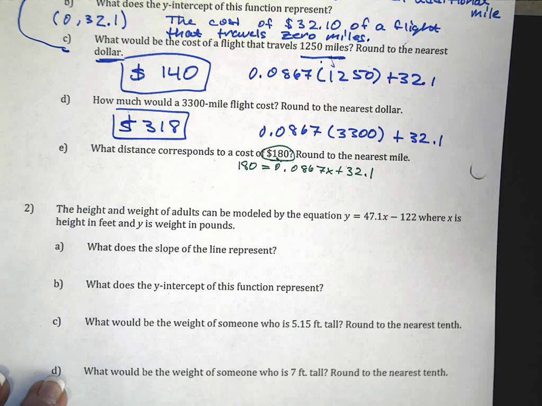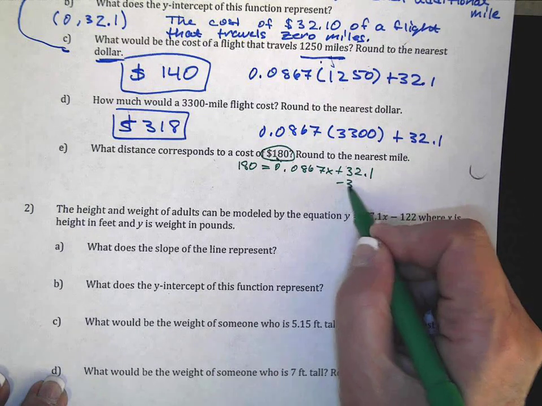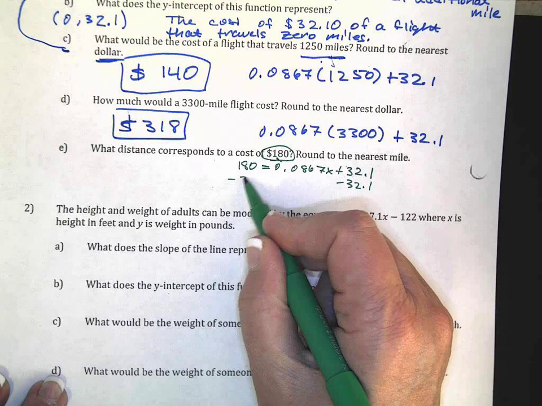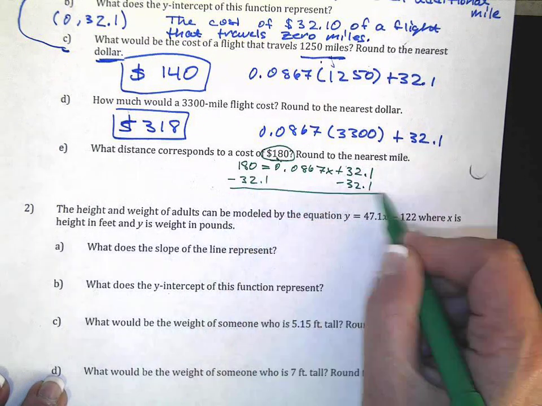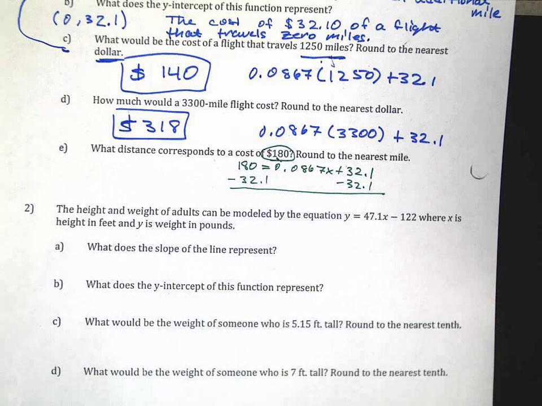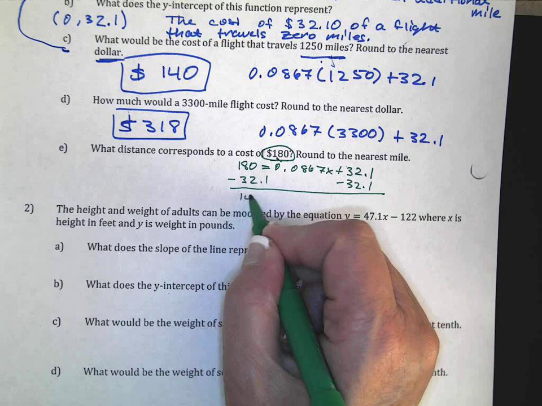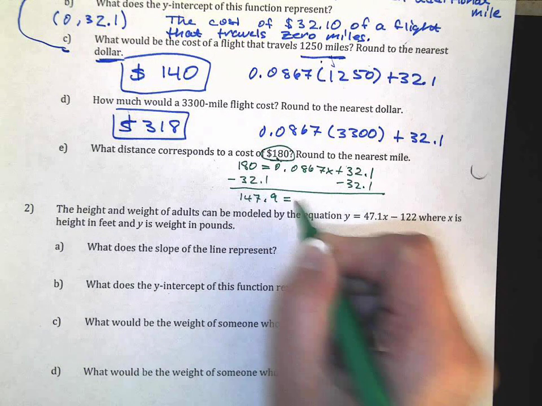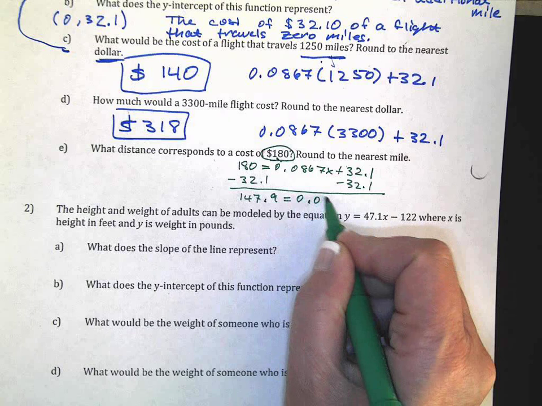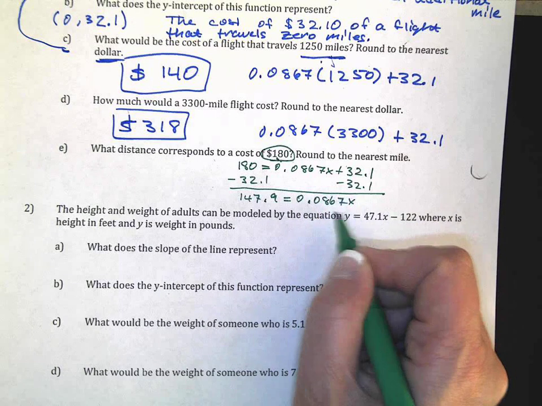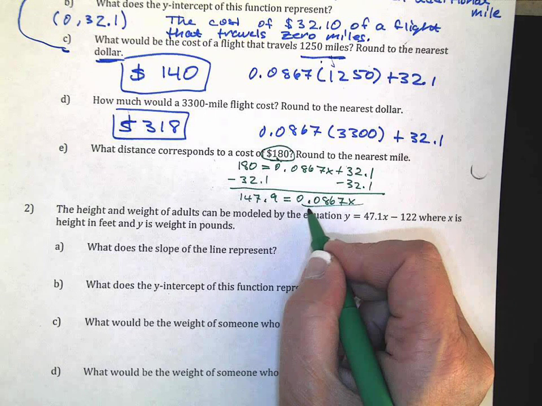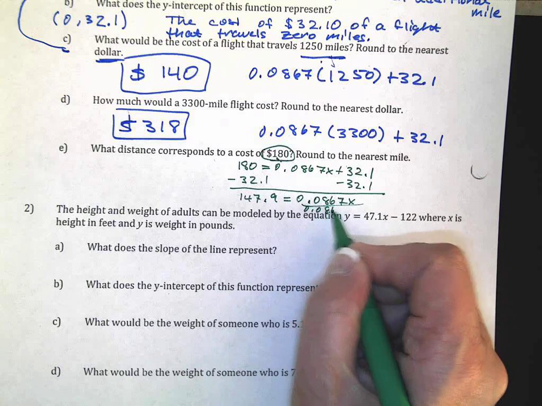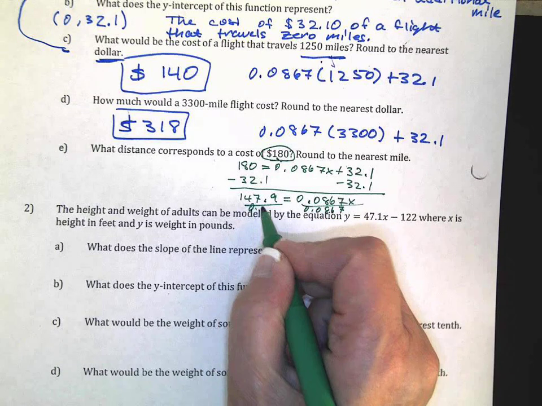So subtract 32.1 from both sides of this equation. So we have 147.9 is equal to 0.0867x. Divide by this 0.0867 on both sides.